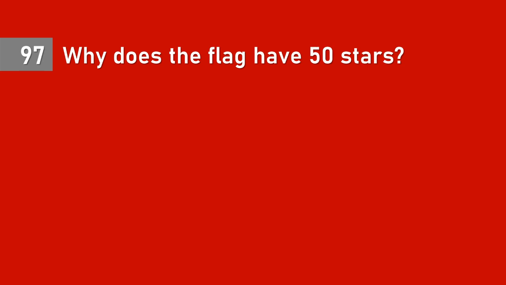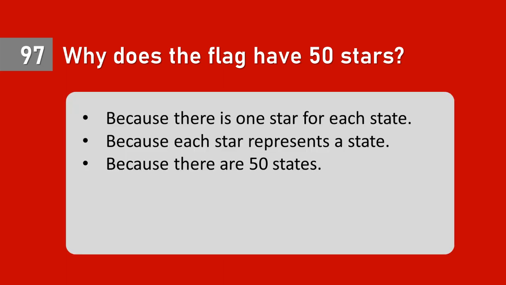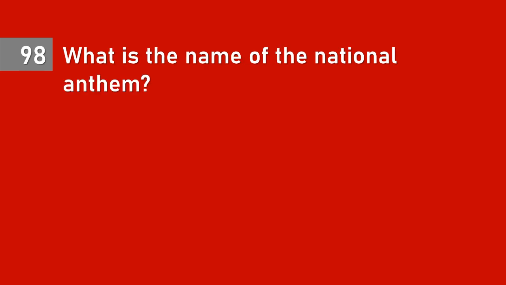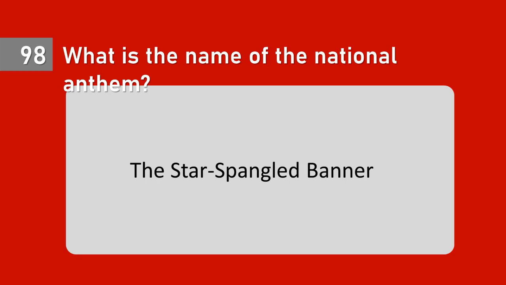Why does the flag have 50 stars? Because there is one star for each state. Because each star represents a state. Because there are 50 states. Question 98. What is the name of the national anthem? The Star-Spangled Banner.